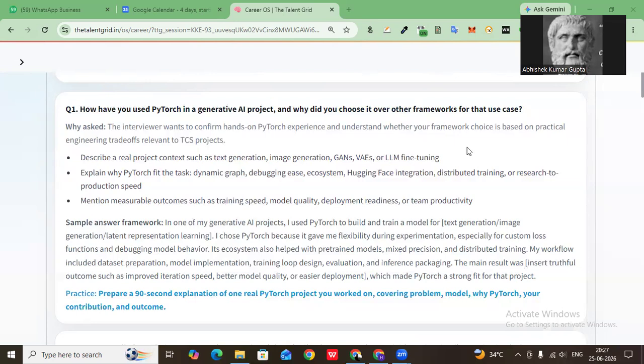The project required domain adaptation, which was done through fine-tuning like PEFT or LoRA and some custom reward modeling for alignment. PyTorch served as a bedrock for the custom data loading pipeline, training loop orchestration, and precision scaling.